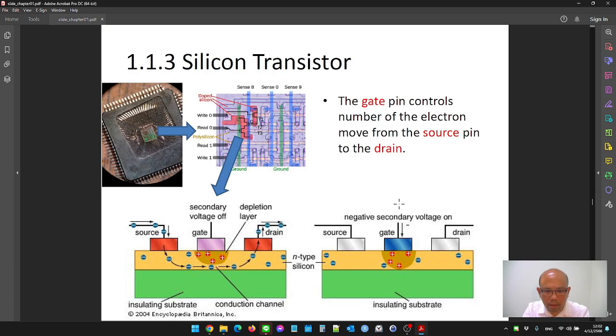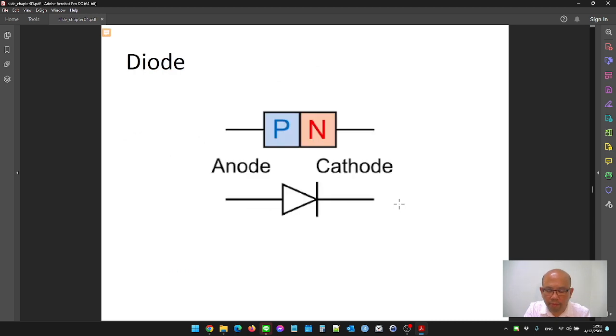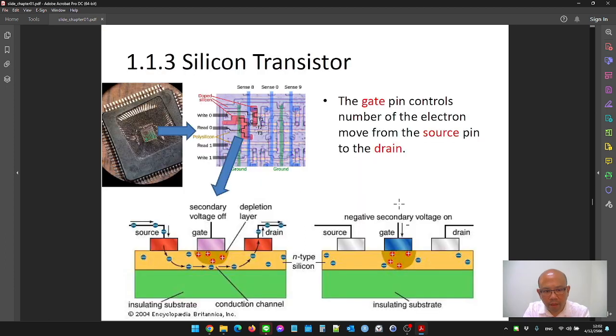The diode has a function to block the voltage when you supply the wrong direction. It has only one direction, so you can convert AC volts to DC volts with a diode. And the new device is the silicon transistor.